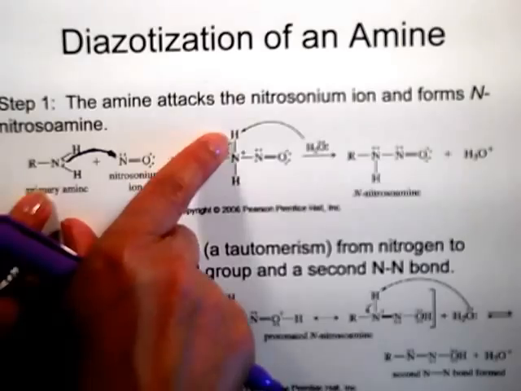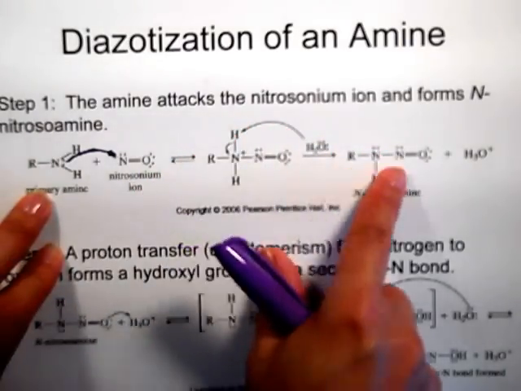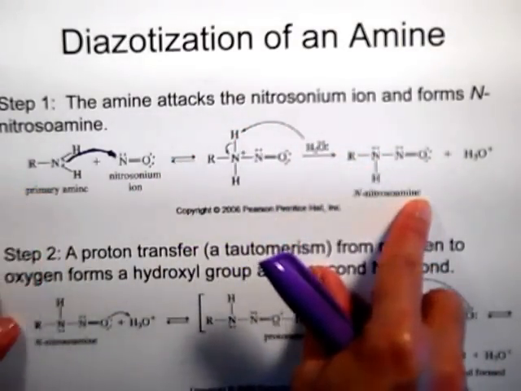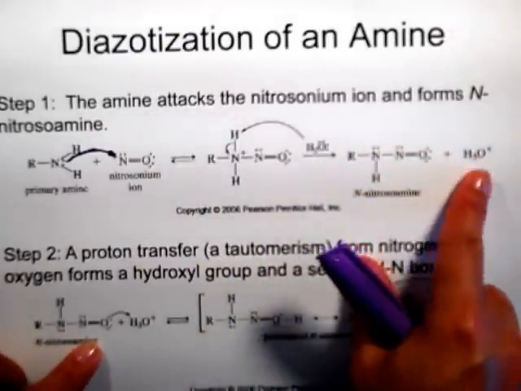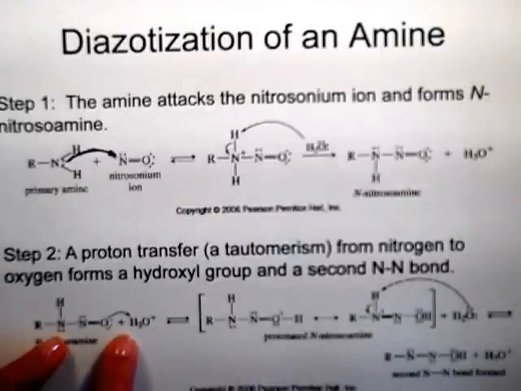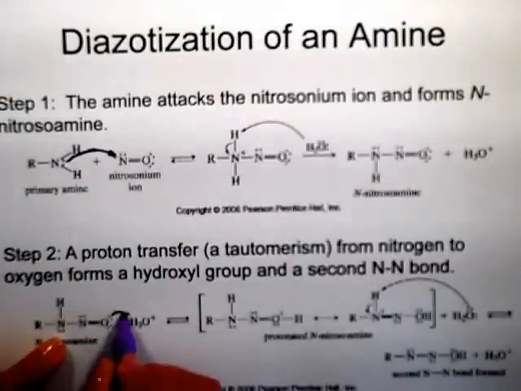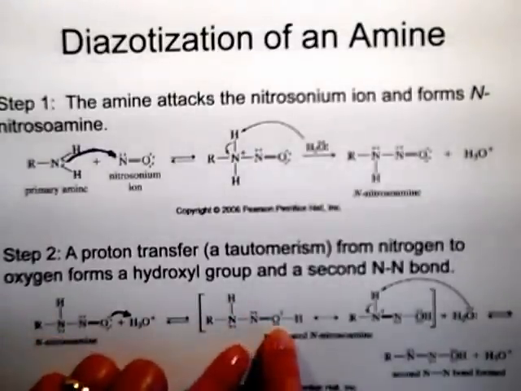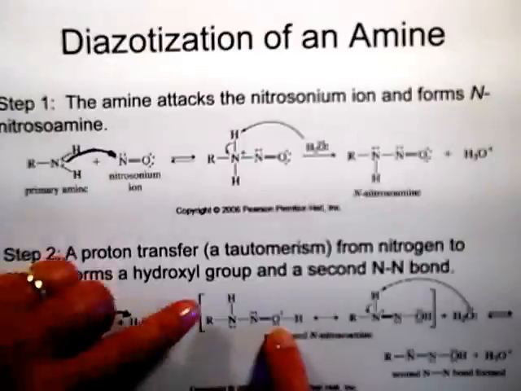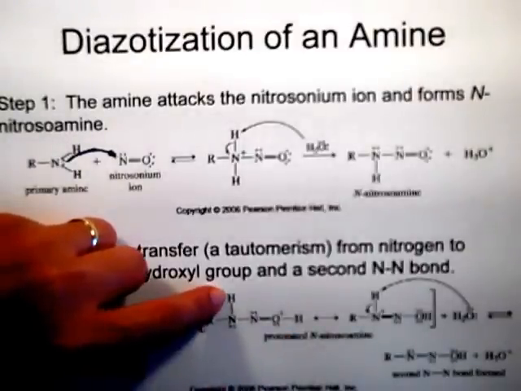Of course, the nitrogen is positive, so I need to deprotonate it, and this is a nitrosoamine. Once you get your nitrosoamine, you still have acidic condition, so we go to step 2. The oxygen is going to get protonated, and once you get that oxygen protonated, we deprotonate the nitrogen.